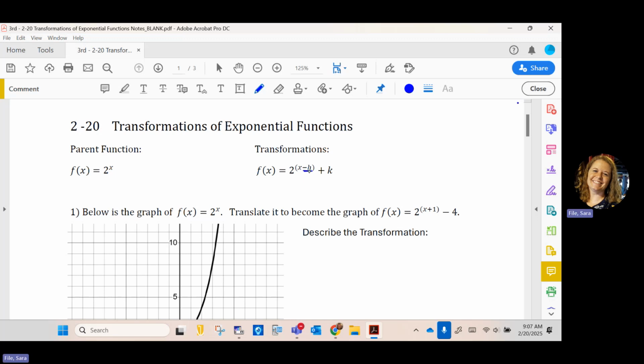So if there is a value added or subtracted up in the exponent, that means there's an h value. Okay, so if you need to make side notes, we've talked about this a bunch, but if you need to write it down again, make yourself a little note that h is your horizontal shift.